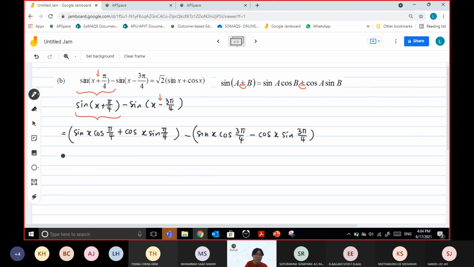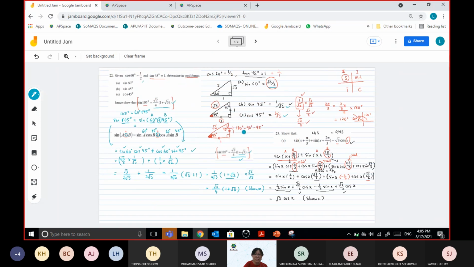Then next we need to simplify this. Pi over 4 is actually equal to what? 1 pi radian equals 180 degrees, so pi over 4 is 180 divided by 4, which is 45 degrees. Can you still remember the previous part?